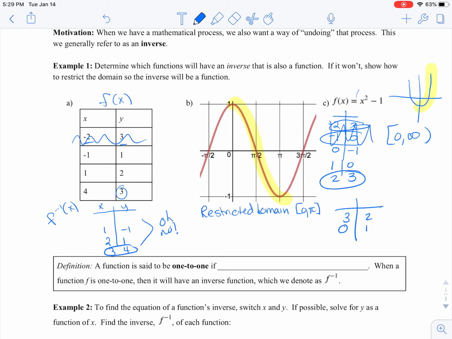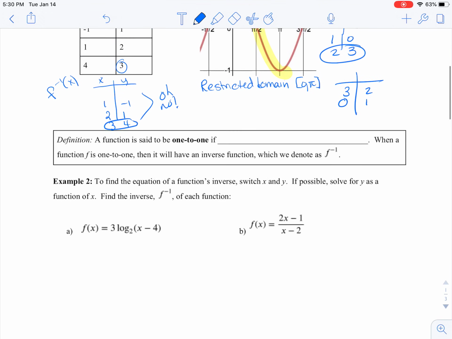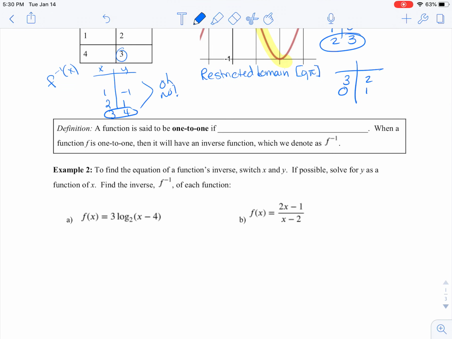Okay. All of these problems that happen where we have to restrict a domain come from a function not being what we call one-to-one. The precise way of saying a function is one-to-one is by saying if one x value, x1, does not equal another x value, x2, then their y values don't equal each other.